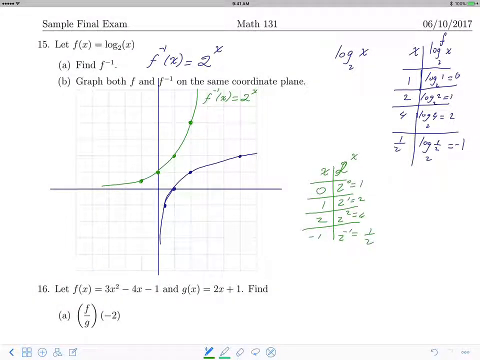And we could have plugged in those values and just switched x and y to get the graph of log. So here's f of x equals log base 2 of x. And the green one is the graph of f inverse. Now, one thing to check is that there is a symmetry over the line y equals x. So if you reflect the green graph over the blue graph, they overlap perfectly.